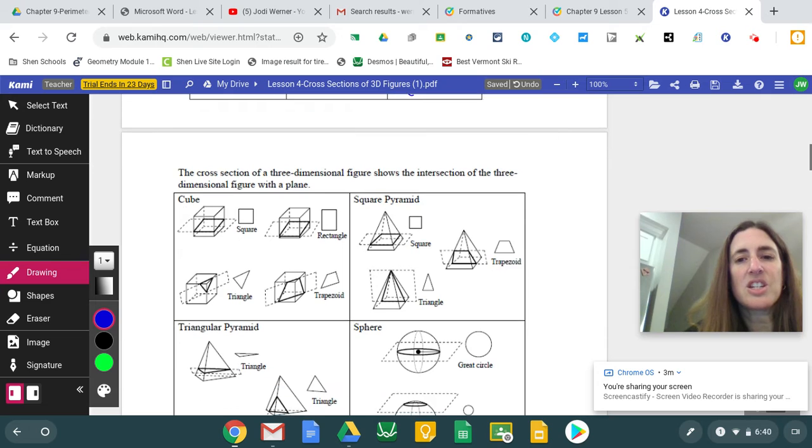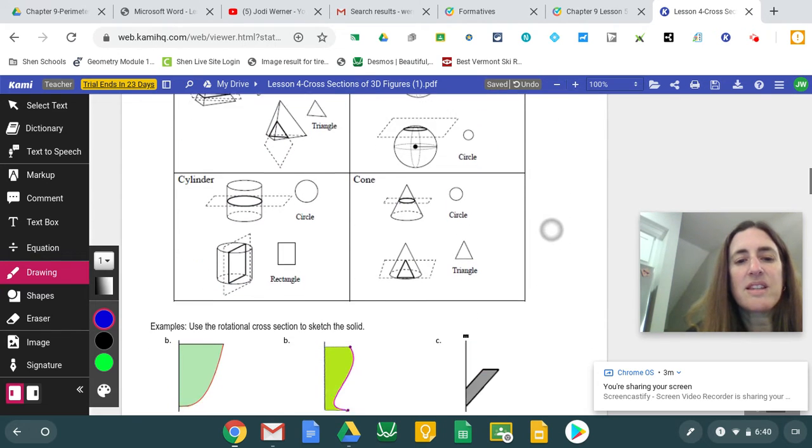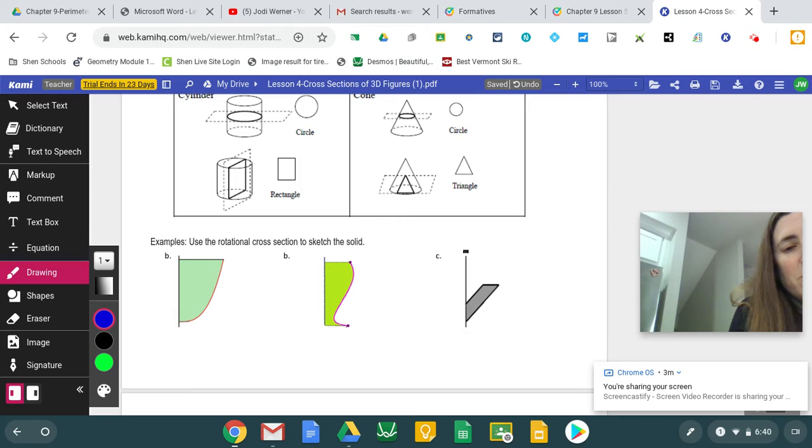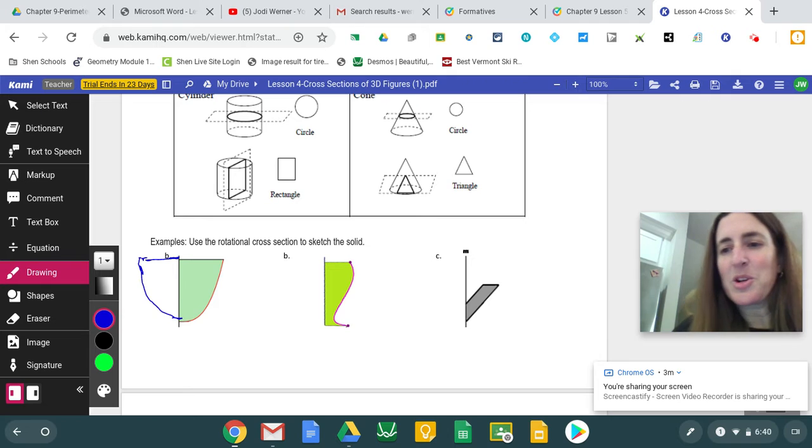Again, this section here on our notes is just some basic examples for you guys. And this front part down here says use the rotational cross section to sketch the solid. So if this were to rotate around, you'd get another shape on this other side over here. You're basically just drawing the mirror image of the shape that was there. This is hard to do with my stylus.